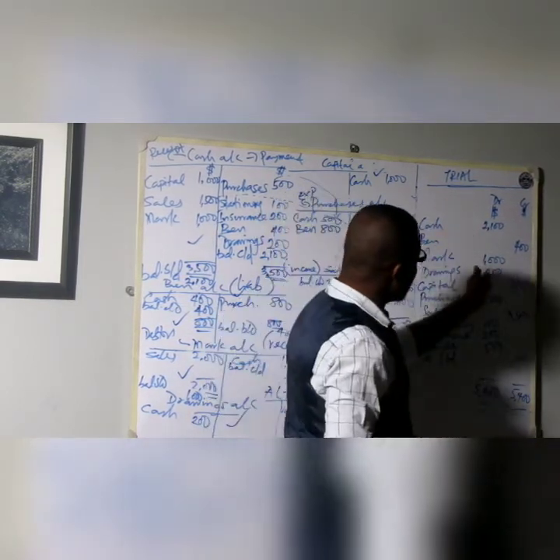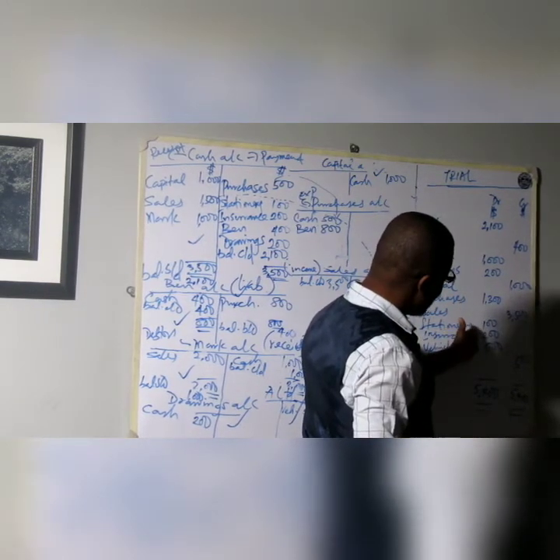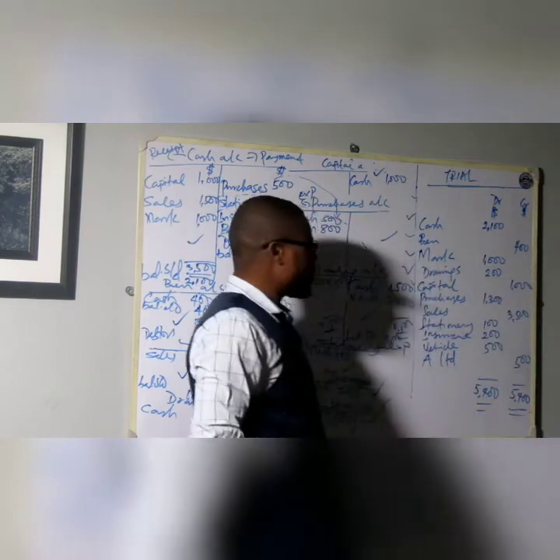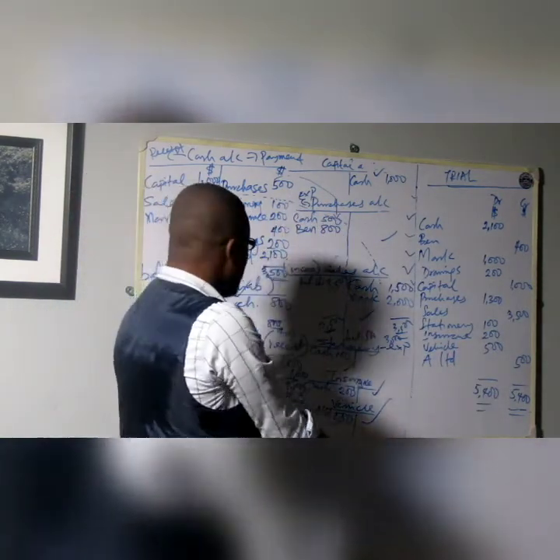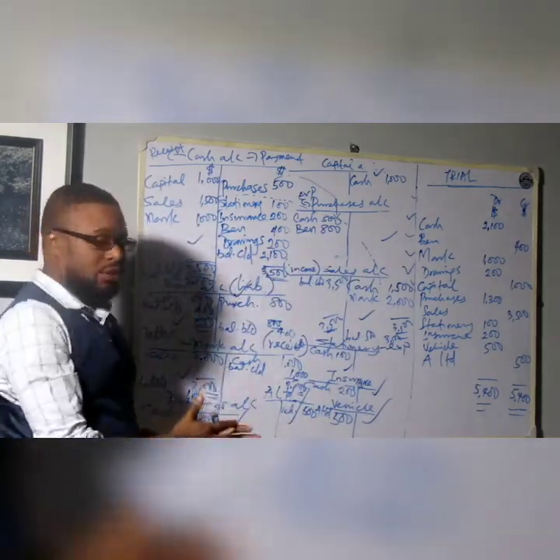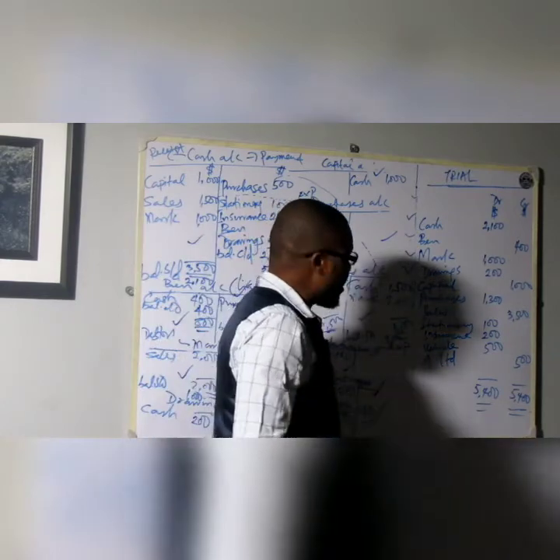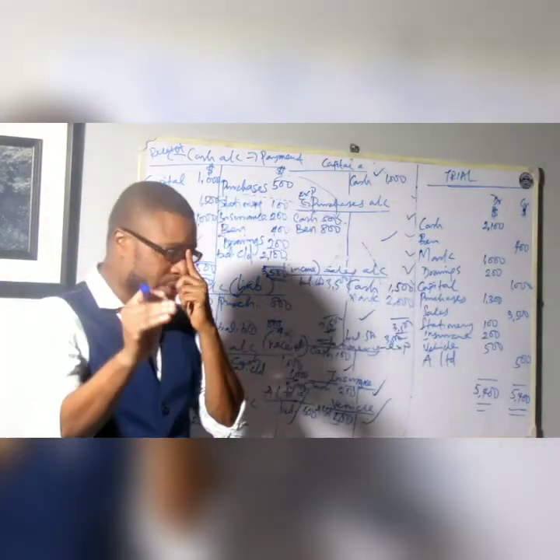You can see what we have in the trial balance now. It's accurately balanced, telling us that the postings made into all these ledger accounts from the journal entries are correct. That is arithmetic accuracy we're talking about.